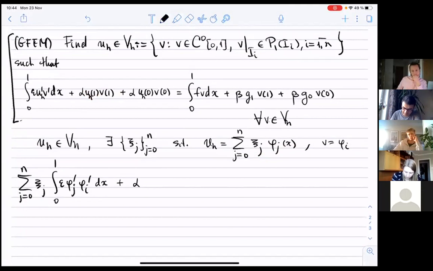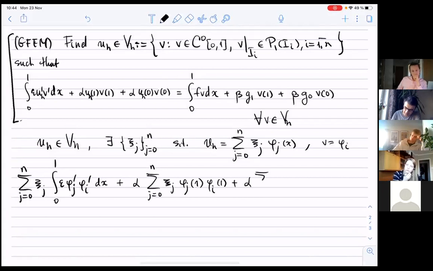So here we have alpha, sum j equals 0 to n, psi j, and here we have phi j at 1, phi I at 1, plus the same term but at 0, so sum j equals 0 to n, psi j, phi j at 0, phi I at 0.